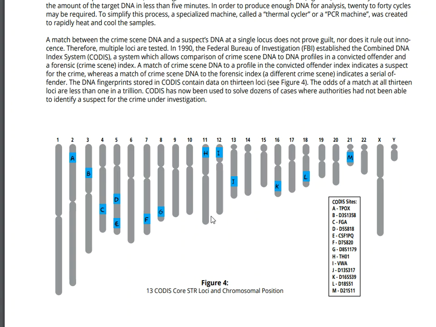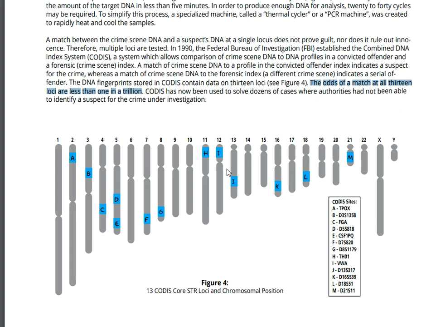Those 13 areas will not be the same for every single person, because we've picked 13 of these that are somewhat variable. And what you're going to find out up here in the top paragraph, it says the odds of a match at all 13 loci are less than 1 in a trillion.